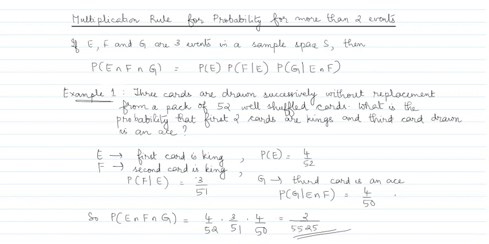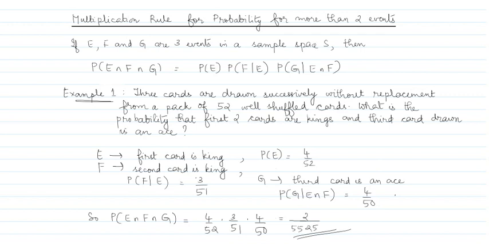And what is the third event that you're looking at? The third card drawn is an ace. Since you've pulled out only kings, the number of aces still remain at 4, but the total number of cards have reduced to 50. So the third event probability, P of G given E and F have occurred, would be 4 upon 50. Now what's the probability that all the 3 happen?